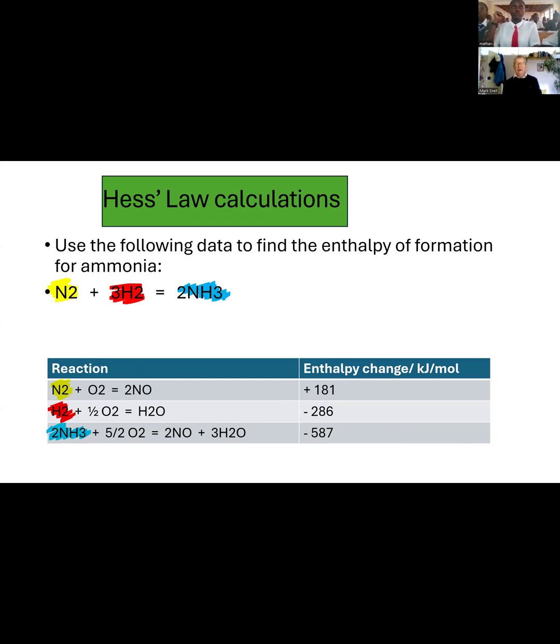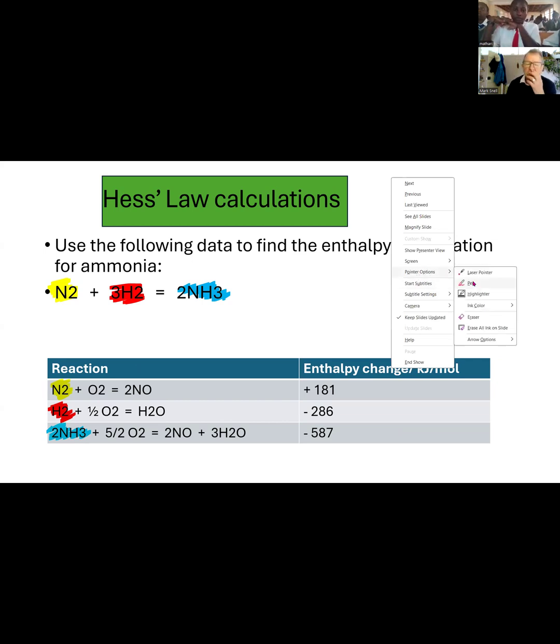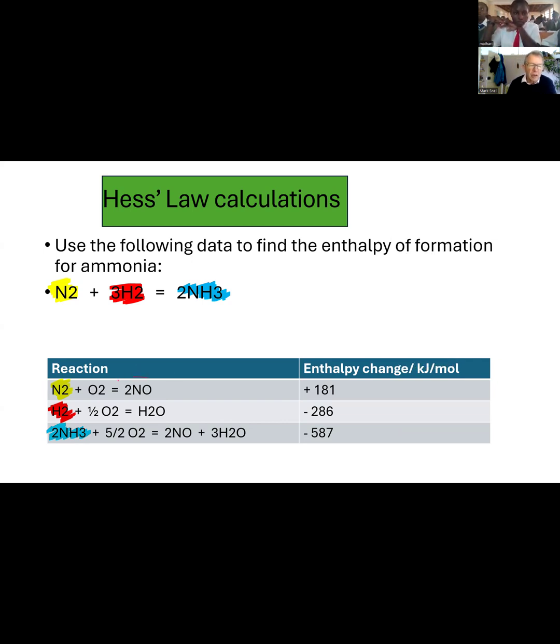Now, if I look at the chemicals which I've got in the products, I've got nitrogen monoxide, nitrogen dioxide, and water. So this side here and that side there both produce 2 NOs and 3 waters.